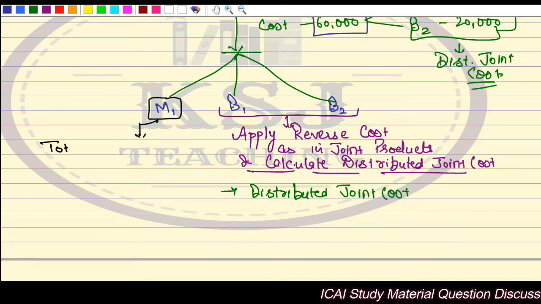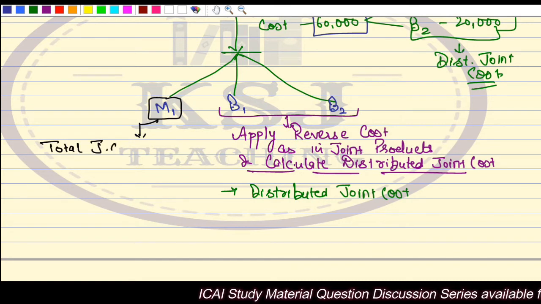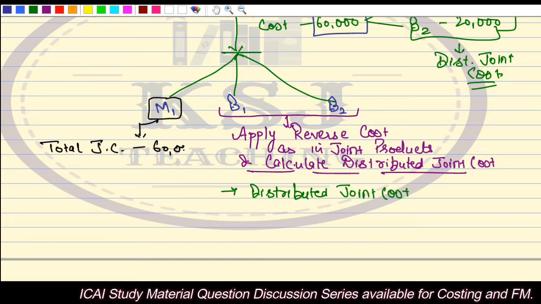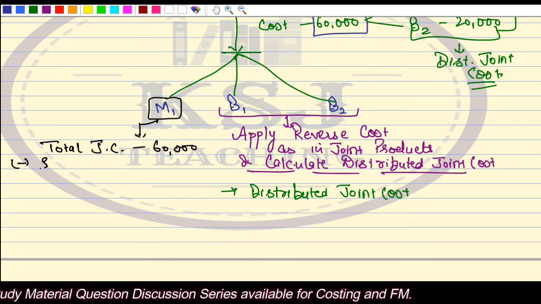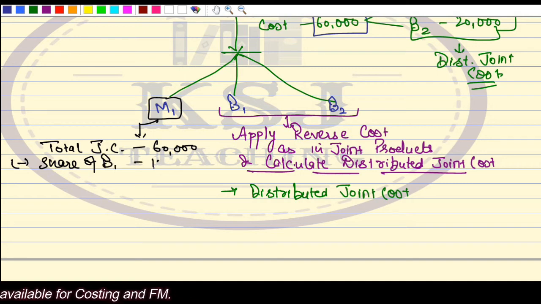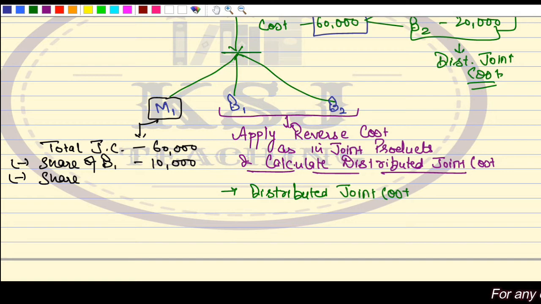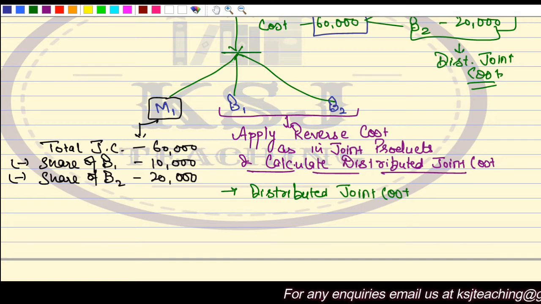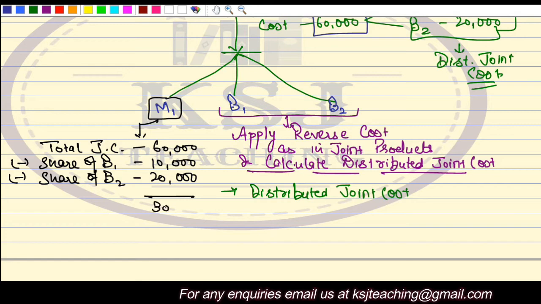Total joint cost is 60,000. Subtract the share of B1, the byproduct 1, that is 10,000, and minus the share of byproduct 2, that is B2, 20,000. So what is remaining is 30,000.